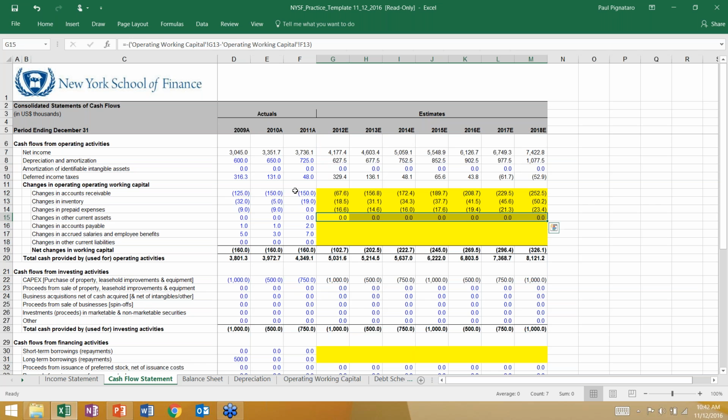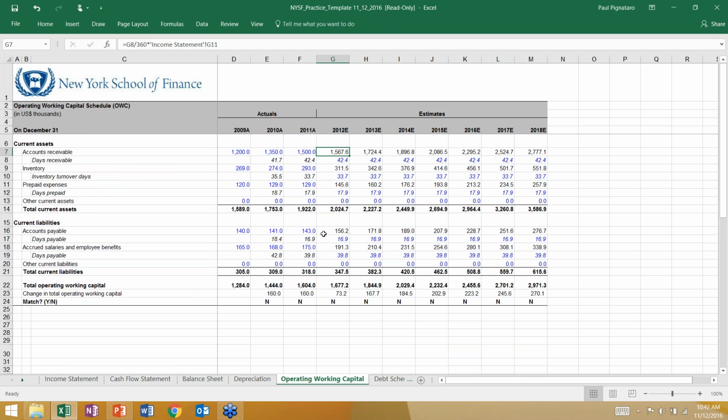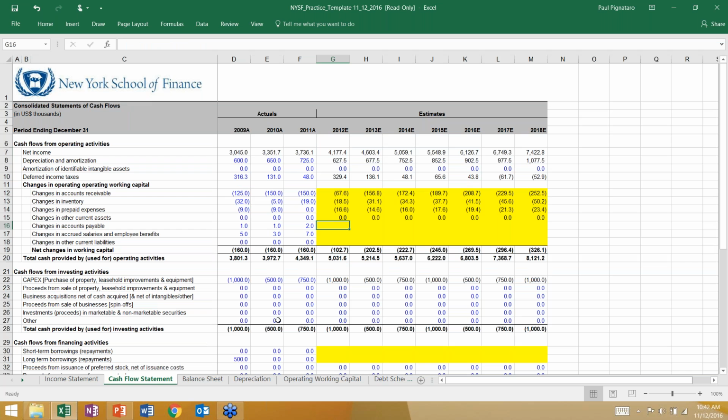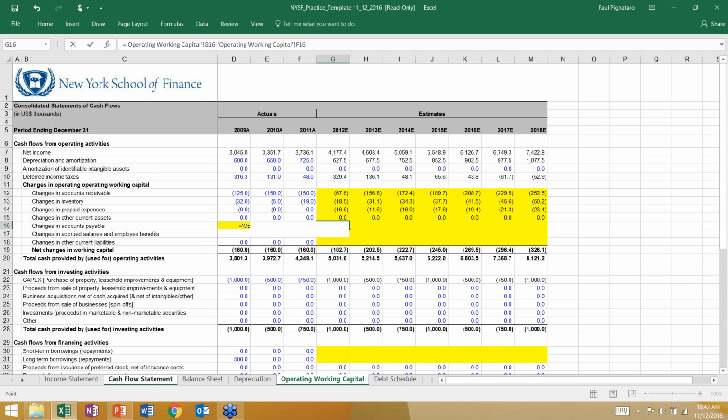And for liabilities, it's the opposite. For liabilities, because an increase in a liability means cash going up, it's a direct change. No minus the change. So for accounts payable, it's just 2012 minus 2011.